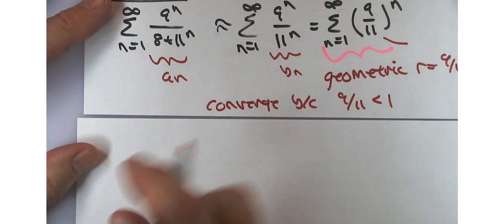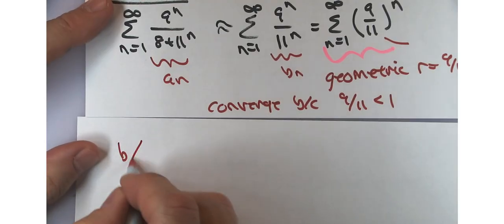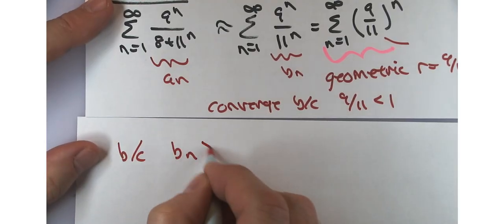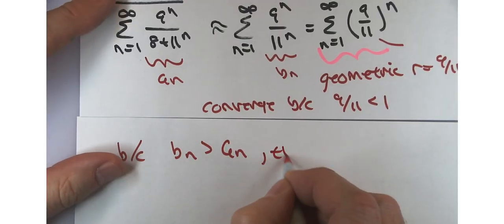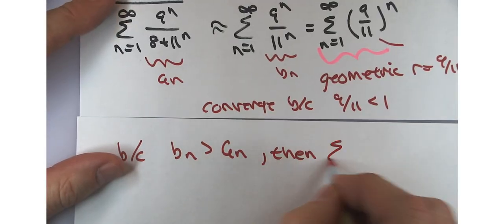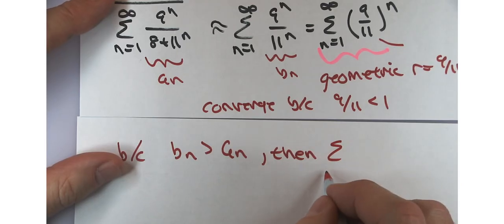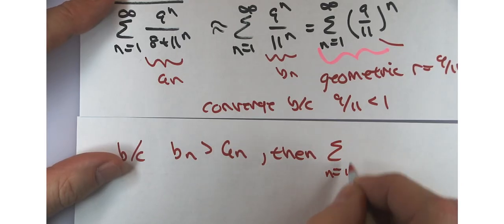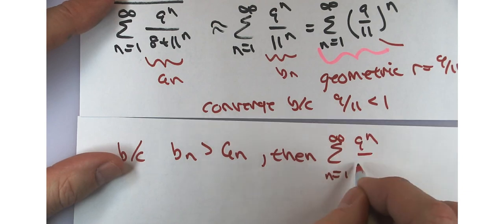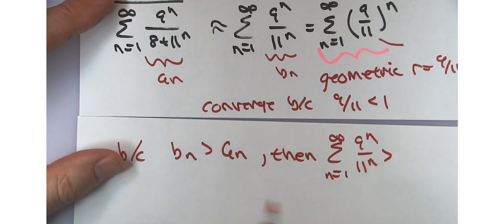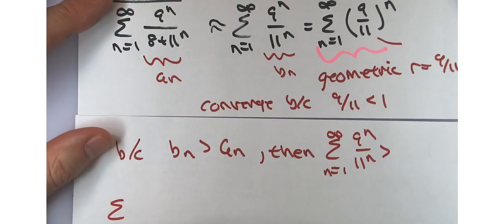Because B sub n is greater than A sub n, then this summation, n equals 1 to infinity of 9 to the n over 11 to the n, has to be greater than this summation of 9 to the n over 8 plus 11 to the n.